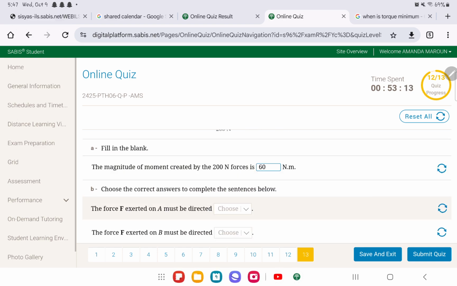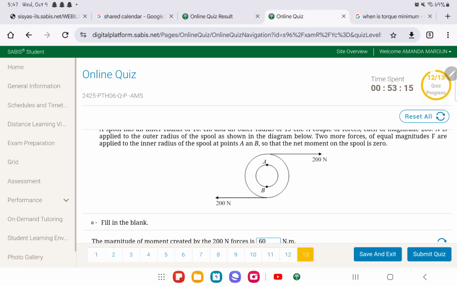Now the force F exerted on A. So remember we said here, here. Now why did I draw them like this? I'm going to explain now. They told us that the net moment on the spool is 0. So that means the moment here plus the moment here is supposed to be 0. So that means they have to go in the opposing direction. So let me put it like this for you guys.